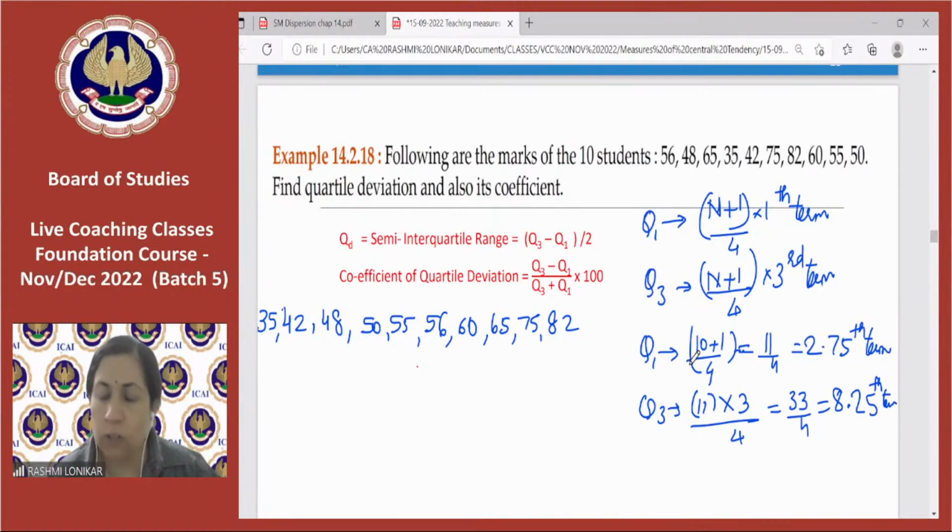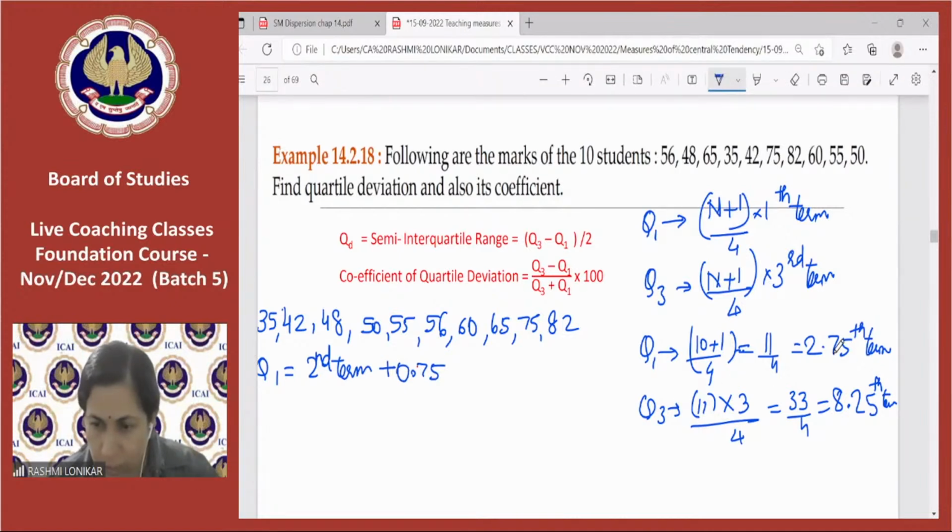Now where will Q1 be? It will be after the second term, and it will be equal to the second term plus 0.75 of the difference between the third and the second term. So Q1 will be equal to the second term plus 0.75 into (third term minus second term).